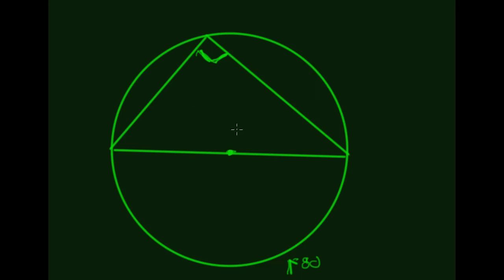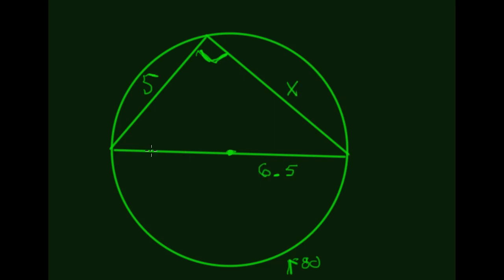One of the things they could do with an SAT is say, hey, this is 5, and let's say this is 6.5, and ask you what this is.